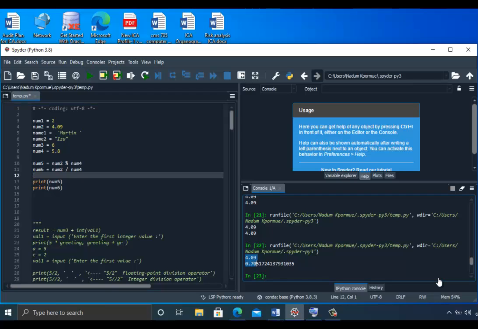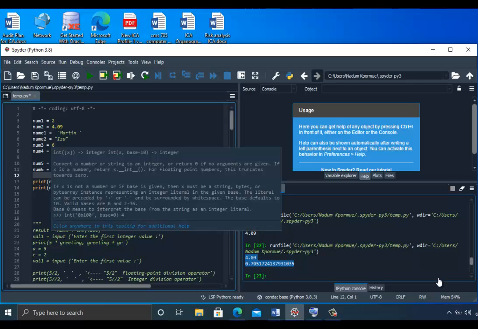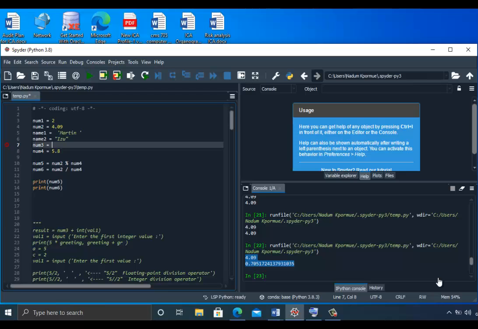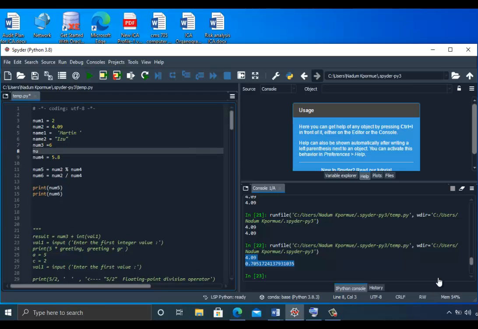I may not be correct on my last statement here, but let's look at another example, say 2 divided by 5. Let's leave it at 6. Let's create another identifier num7, and we assign the value 5 to it, and see what the result will be.